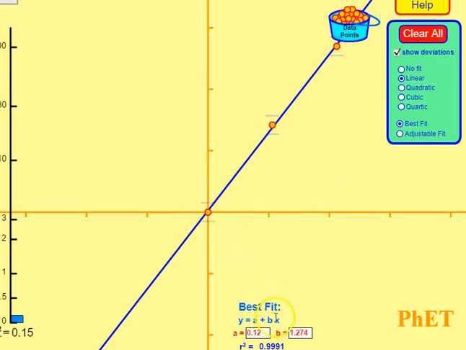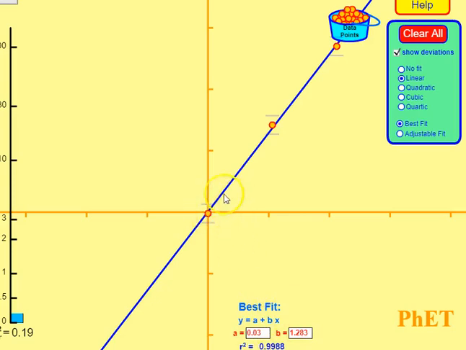Well, actually not the origin, because there is an intercept over here, and the equation is of the form a plus bx. Maybe if I move it around a little bit. So you see the a coefficient over here is 0.03, which is very close to 0.